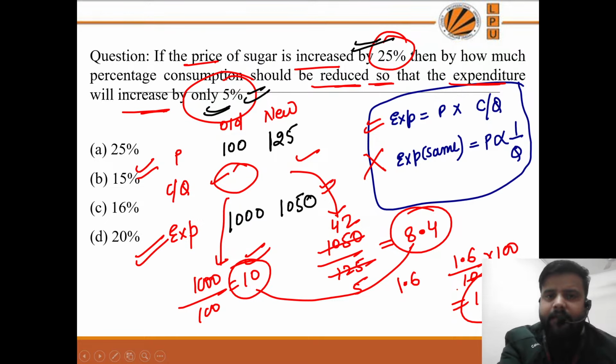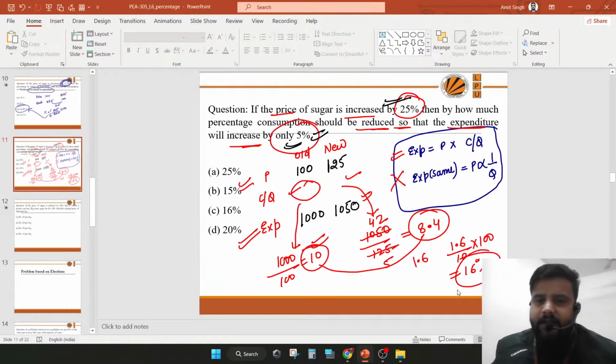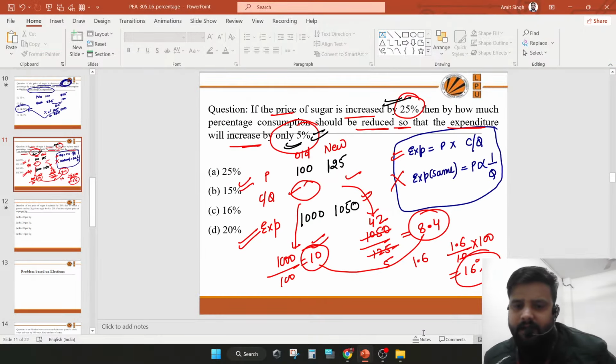Okay, let's move to profit and loss now. It is done in terms of percentage.